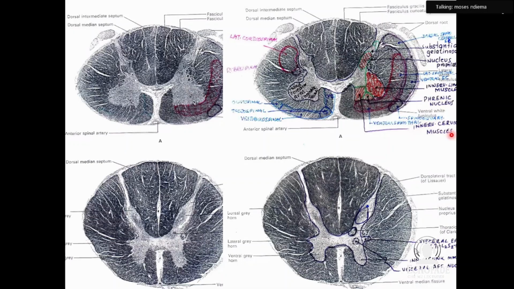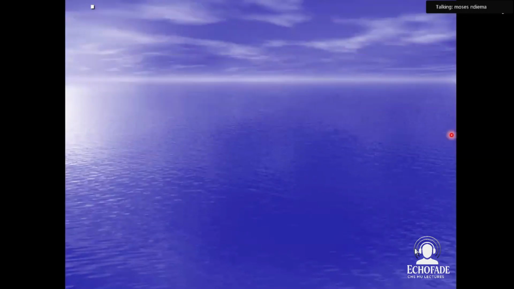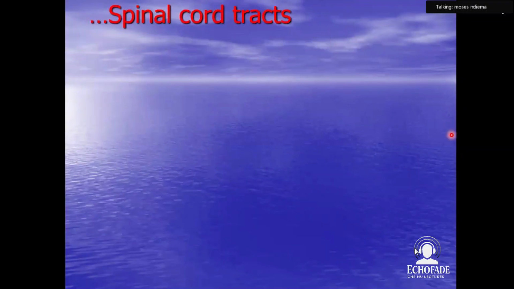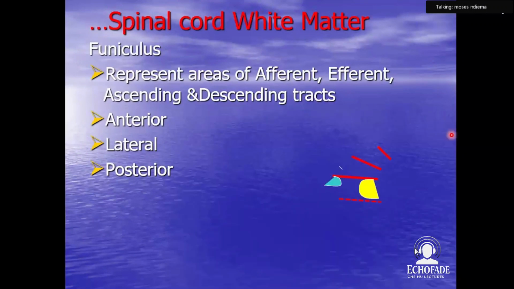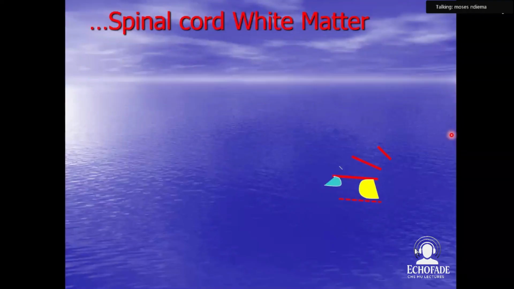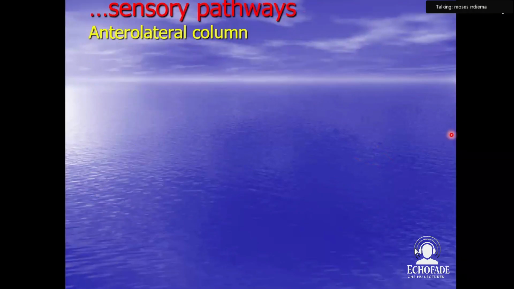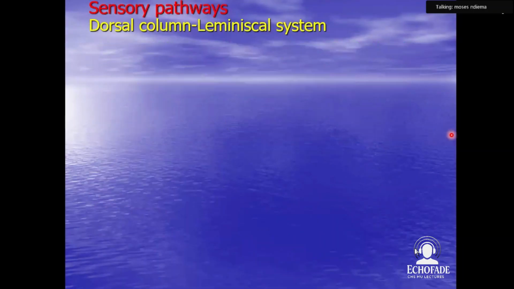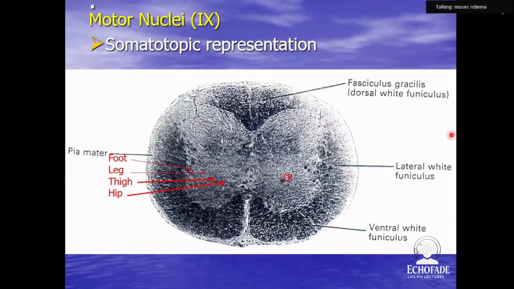These are the fibers we have been talking about earlier as ascending and descending tracts. They originate from specific parts of the body carrying sensory information. From the spinal cord, those are mainly sensory, and the descending ones will be the corticospinal tracts.